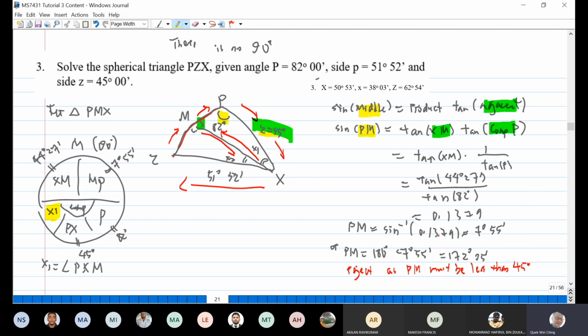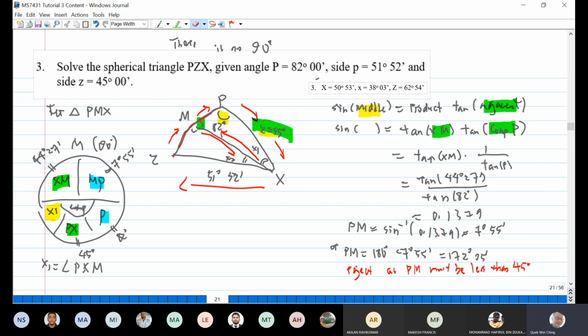So what should I do? You can use opposite with blue is one possibility. Or you can use the adjacent with tangent. Since I already started with the tangent area, I'm going to continue. So let's look at how I do this. I use tangent again.